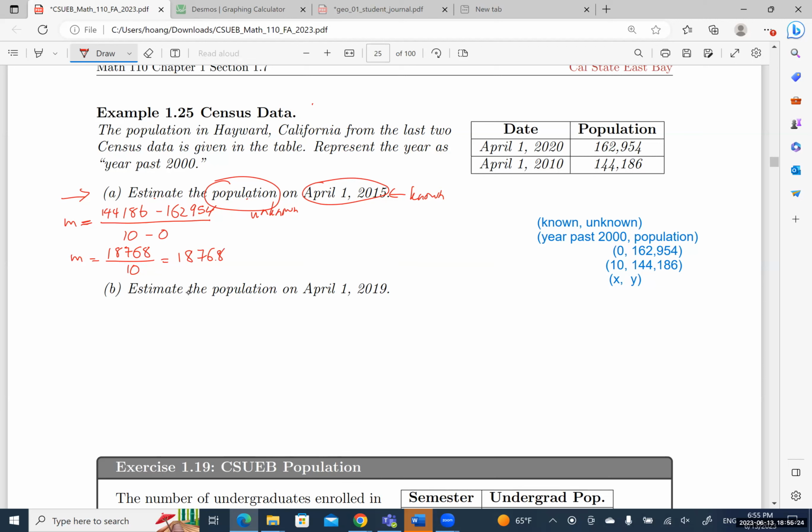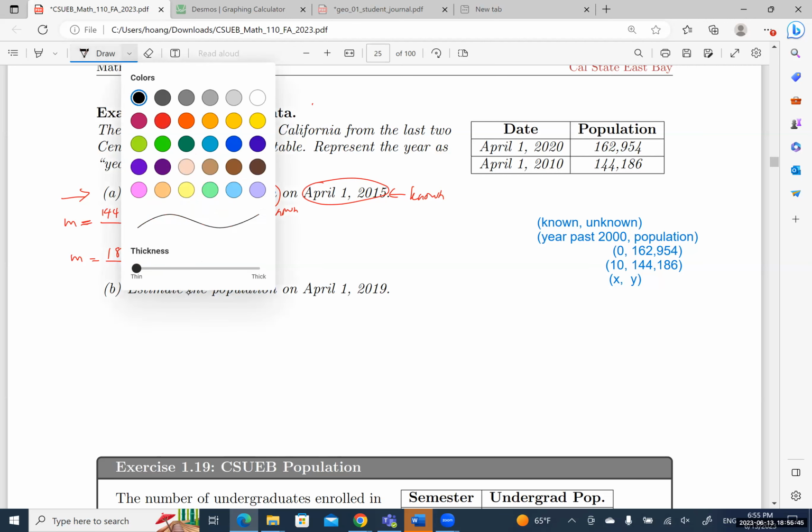The unit is going to be people per year, something like that, but we don't really need it right now.